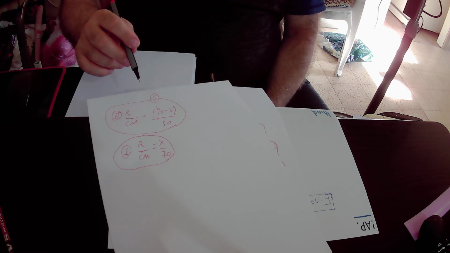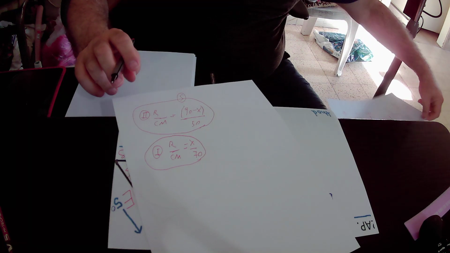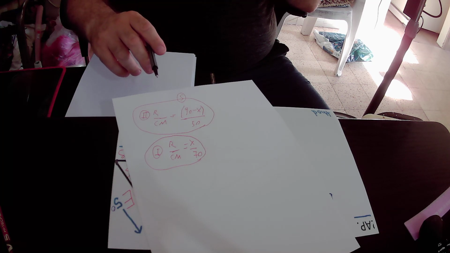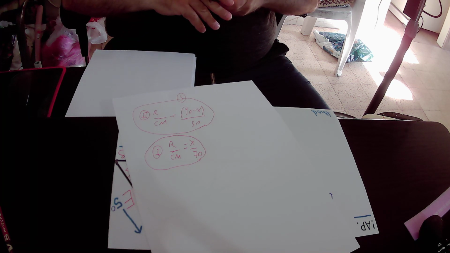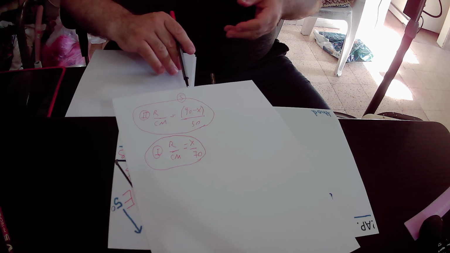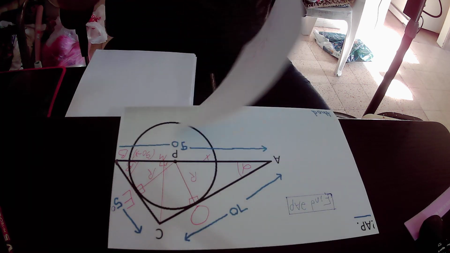So we have the expression of R over CM twice, from the first equation and from the second equation. So now we can create the third equation that states that R over CM equals R over CM.